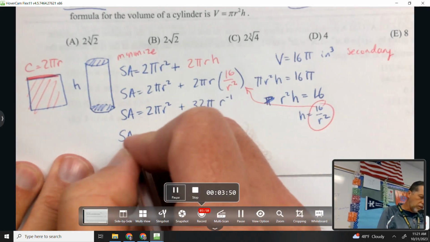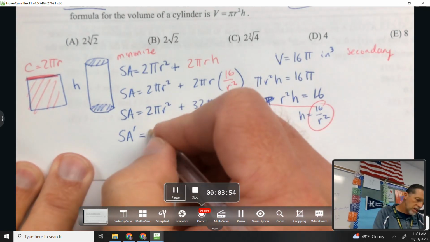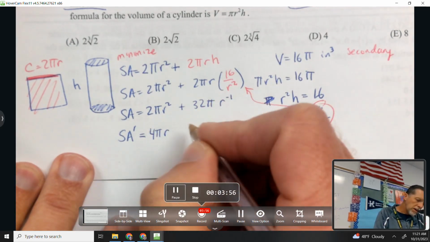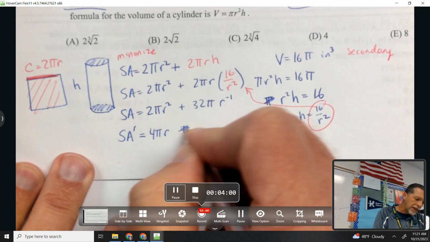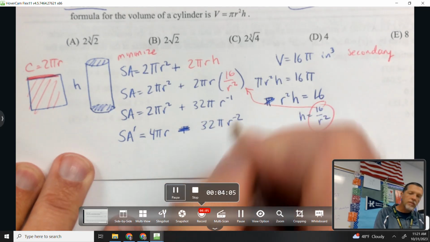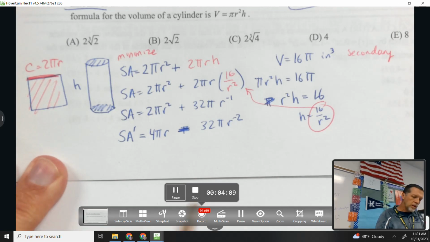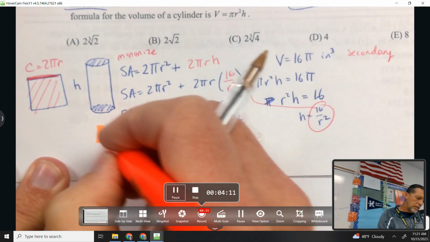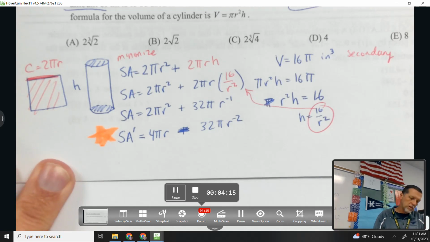Okay, so the derivative of surface area, S prime, is 4 pi r plus, minus 32 pi r to the negative 2. Seems kind of weird, but that's the only calculus step in the whole problem.